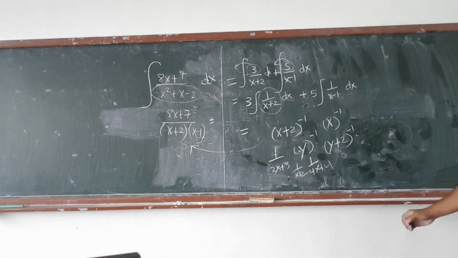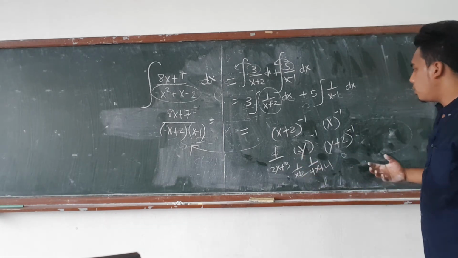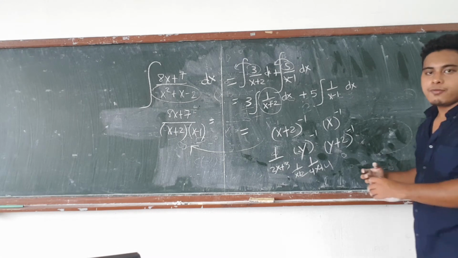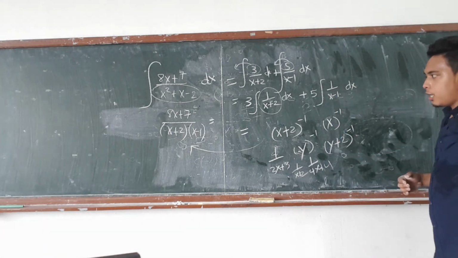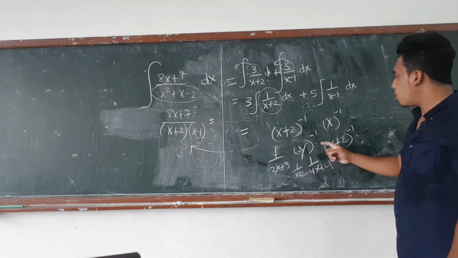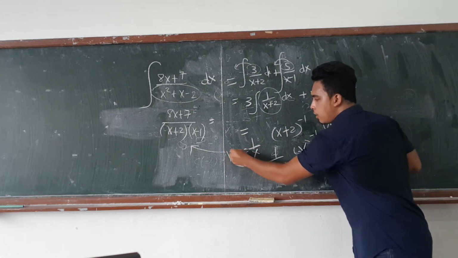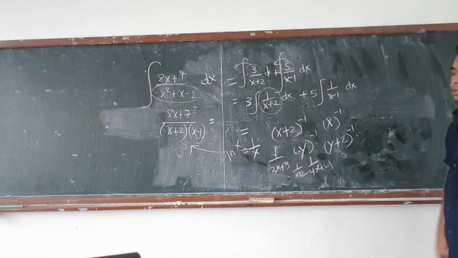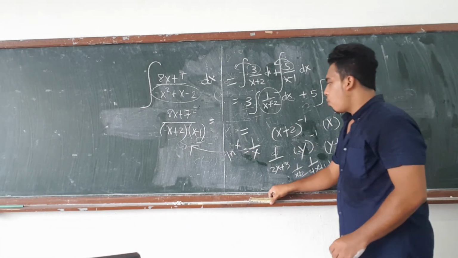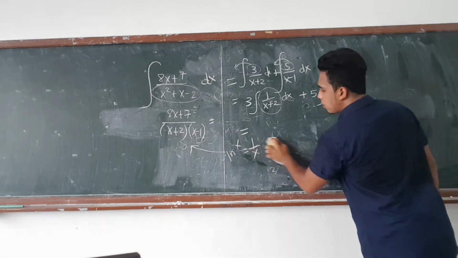The integration of 1 over x is equal to ln x, the natural log of x. Okay?